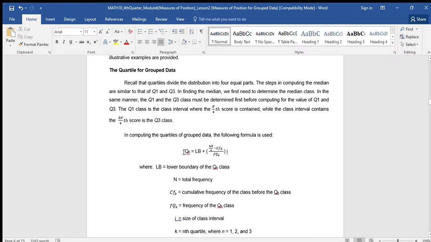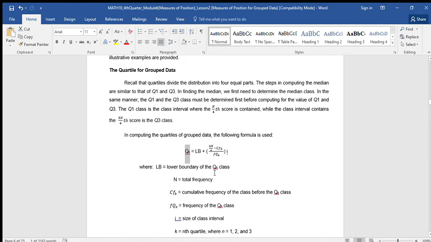Okay, so in computing the quartiles of grouped data, we will use this formula. Q sub K is equal to LB plus (K n over 4 minus CF sub B) over F of Q sub K, times i.